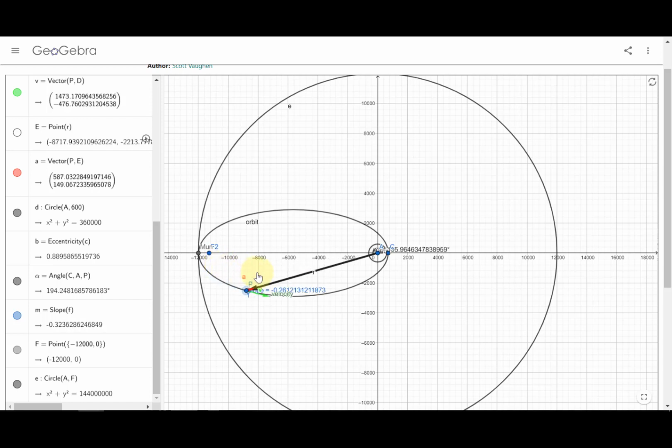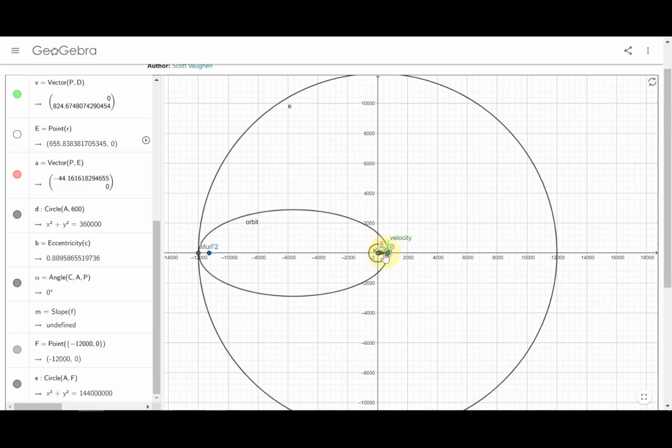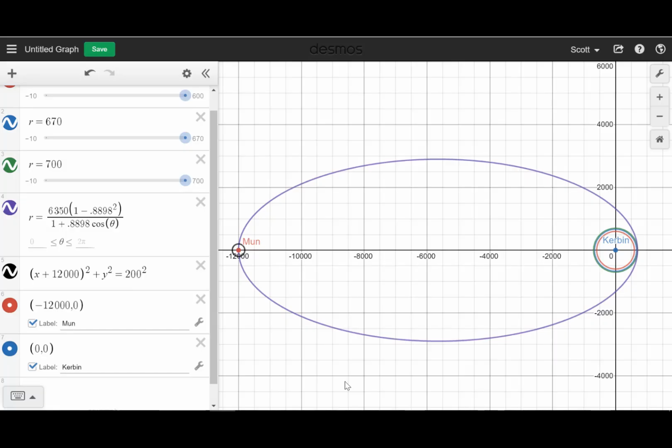So to intercept and then orbit the Mun, we'll need to take into consideration how fast the Mun orbits around Kerbin and how long it will take us to get there. And we'll look at that later in part 3.